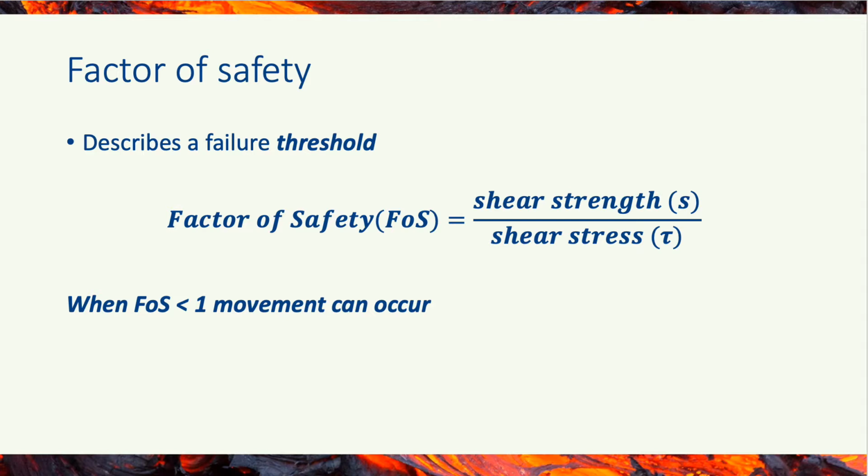Very simply, the factor of safety can be calculated by looking at the shear strength of the material involved and the shear stress being applied to it. As long as the shear strength is greater than the shear stress, the landslide isn't going to occur. It's only once the shear stress becomes so great that the strength of the material is exceeded that a landslide will occur.